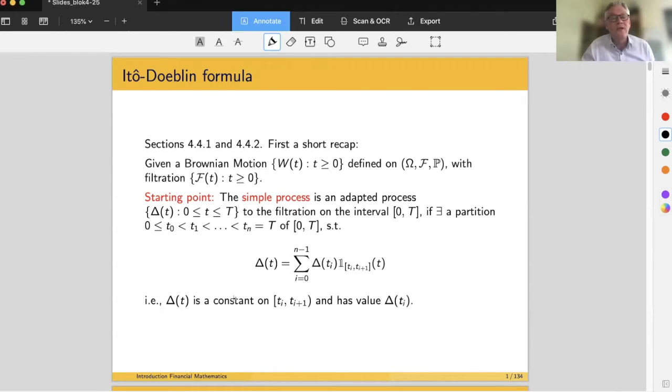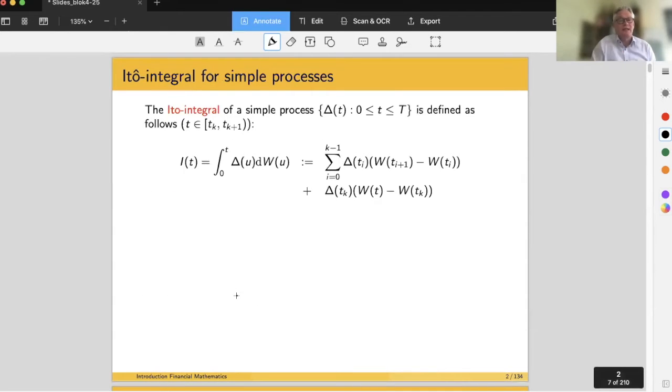Now, for the simple process, we can define the Ito integral, or the stochastic integral. And that was done as follows. The Ito integral of a simple process Delta_t, t between 0 and capital T, is defined as follows. The basis is that we pick an interval from t_k to t_{k+1} where our t lies in.